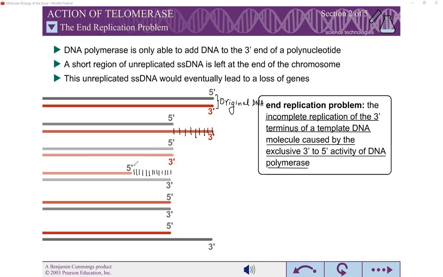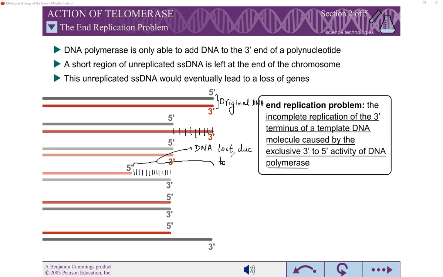So how much DNA has been lost? You can look here from here till here. This is the amount of DNA lost. This is the DNA which has been lost due to exonuclease activity.